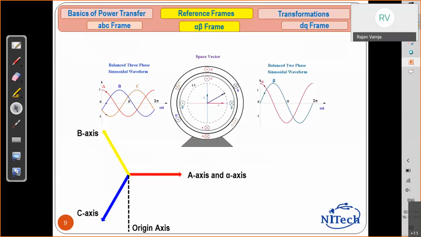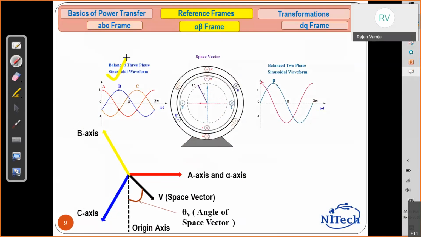Then there is the alpha beta frame. This was the ABC frame, and this is alpha beta. This is the thing you can see.